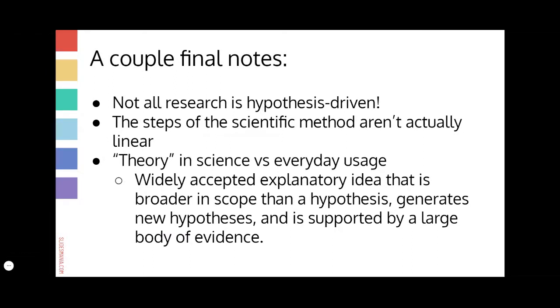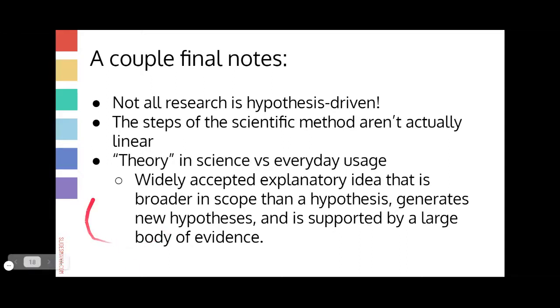So we've been talking about hypothesis as the starting point for designing an experiment and making predictions. But in fact, not all research is hypothesis driven. Some people, especially in genetics, just sort of go in and sequence DNA and see what they find. So they're not looking for something before they start. They're just seeing what they find once they actually go in and get all of these DNA sequences back.